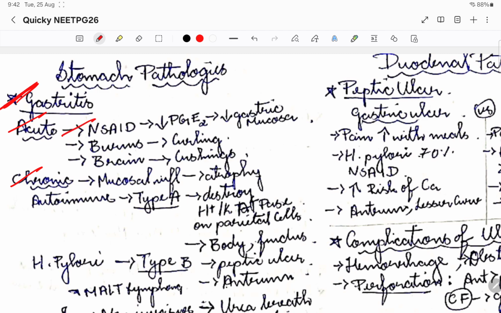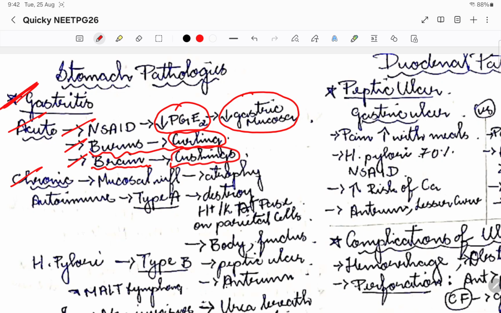Chronic NSAID intake will cause prostaglandins to decrease, and there will be reduced gastric mucosa, so the acids will start destroying the gastric mucosa. Then burns and brain pathology: in burns there will be Curling's ulcers, whereas if there is stress or brain pathology, then it is going to be Cushing's ulcer. So that is the acute type of gastritis.